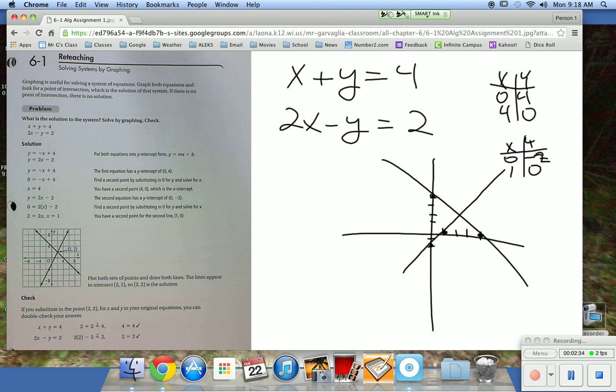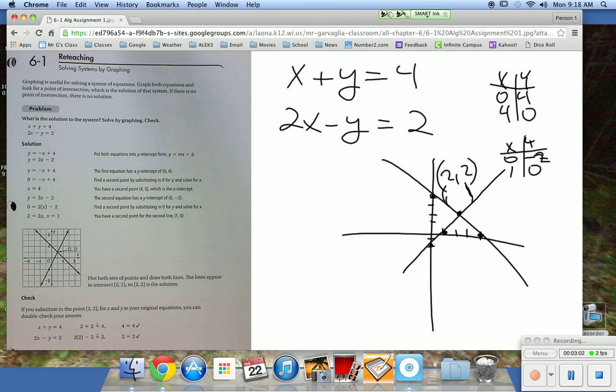So where these two hit right here is my x and y. This is going to be the solution. Somewhere in there is 2, 2. 2 plus 2 is 4. 2 times 2 is 4 minus 2 is 2. Yeah, 2, 2. I'm looking at this right now on my graph, which may be hard to see.